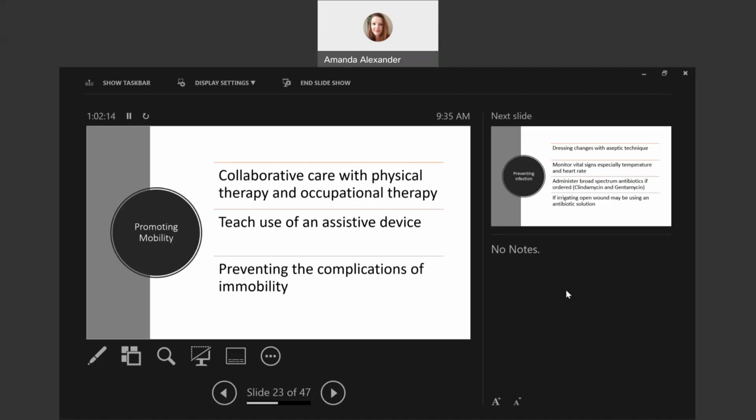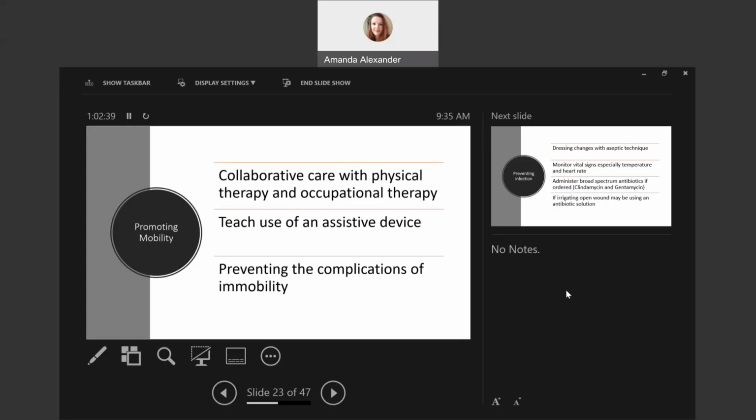We're going to collaborate care with other physicians, physical therapy, occupational therapy. We're going to get everybody on board for this patient's care. We're going to teach the use of the assistive devices like the walker or the cane. We're going to prevent the complications of immobility by educating the patient, really. We want to get them up and moving as quick as possible.